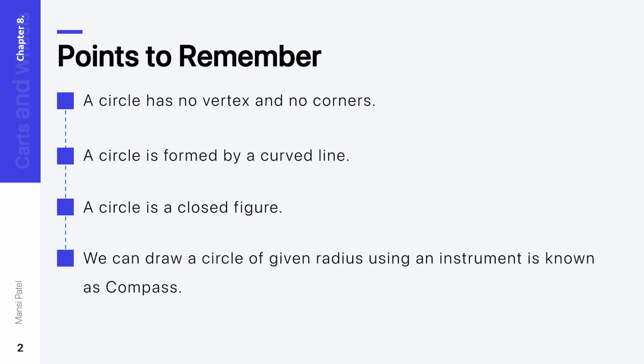Compulsorily you have to draw the circle with the help of one instrument, and that instrument is known as a compass, or we can say a rounder. How we can draw the circle with the help of the rounder of given radius, we will study in our next session.